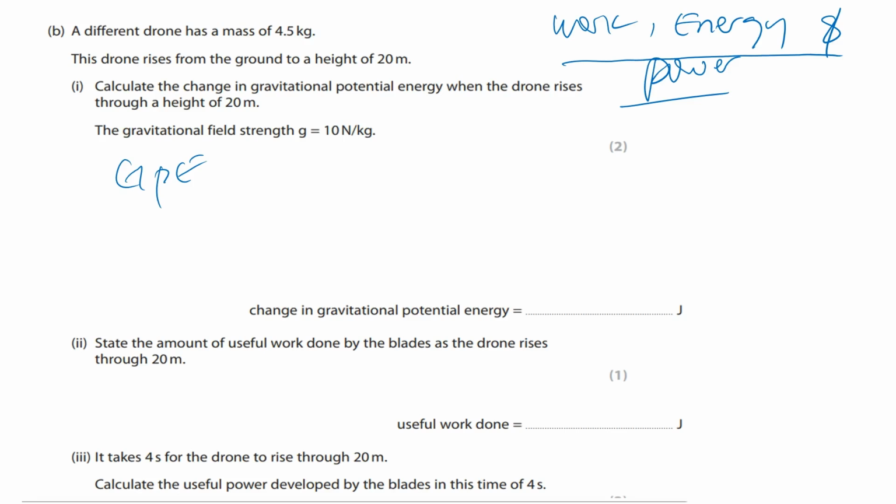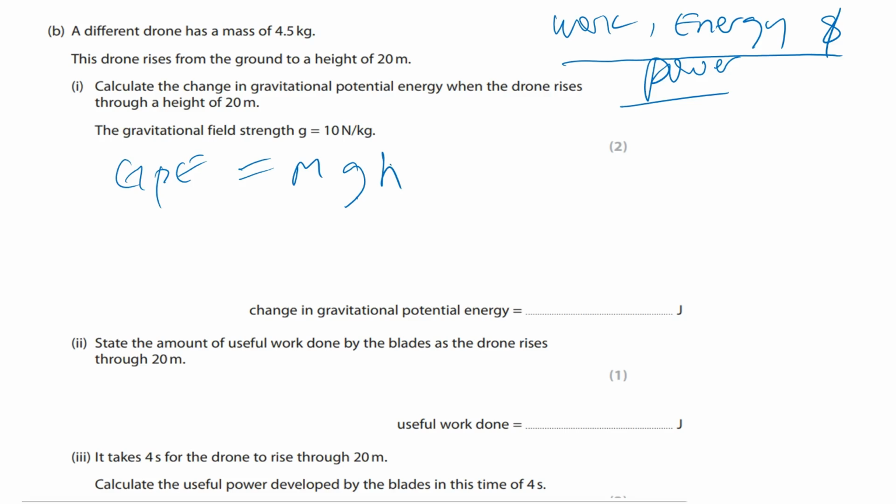Right. So now we are asked to calculate the gravitational potential energy. Basically, this is mgh. m is the mass, g is the gravitational field strength, while h is the height.